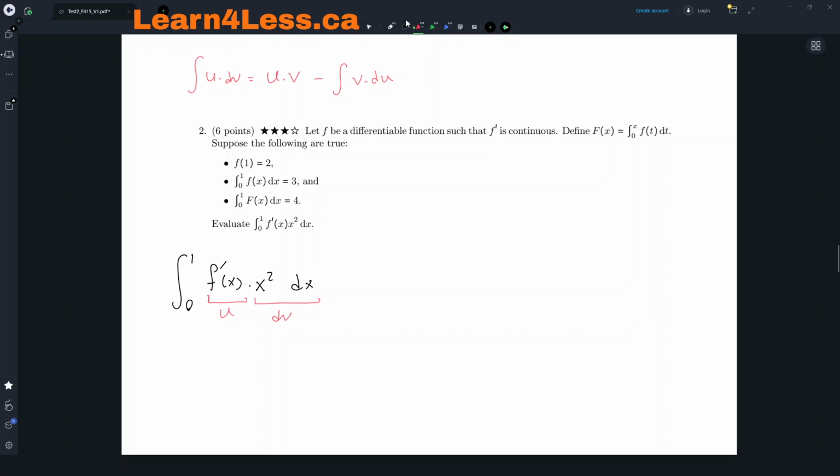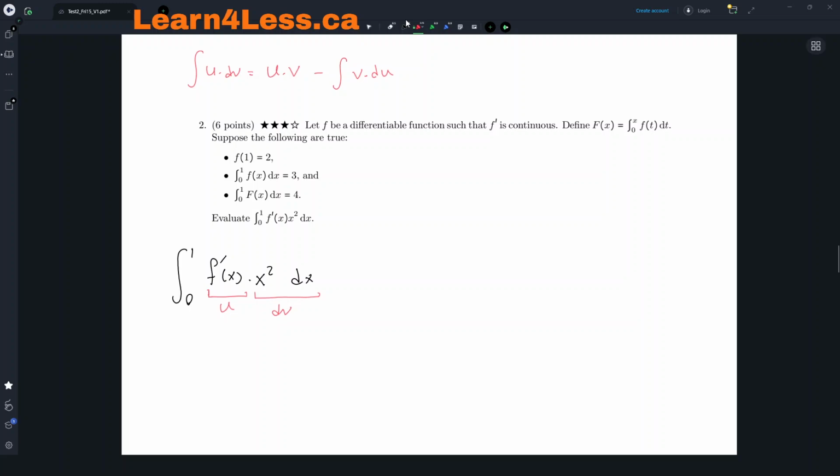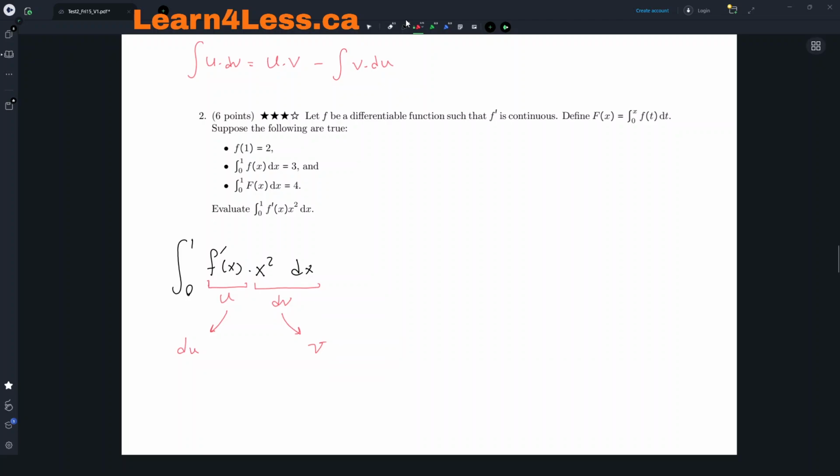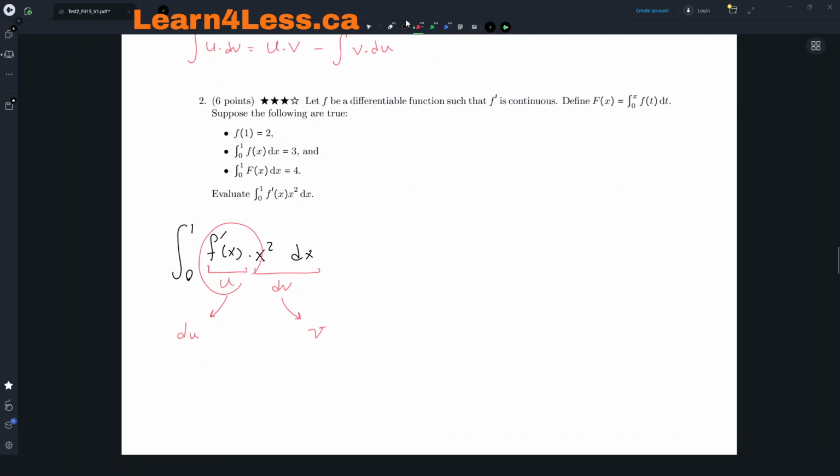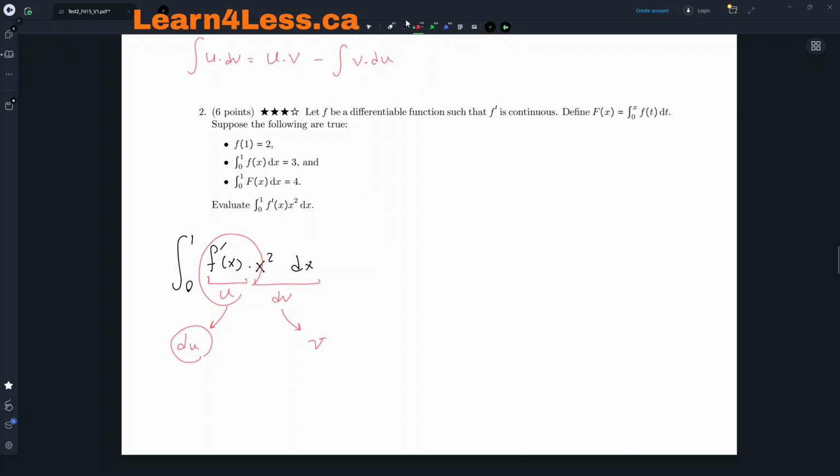But the problem with this is, in integration by parts, whichever part you choose to be your u, you need to take the derivative of that to evaluate du, and for dv, you need to take the integral to evaluate what v is. But if u is f prime, the du would be f double prime, and we don't have any information about f double prime here in this background story. So it's better to use f prime as our dv.